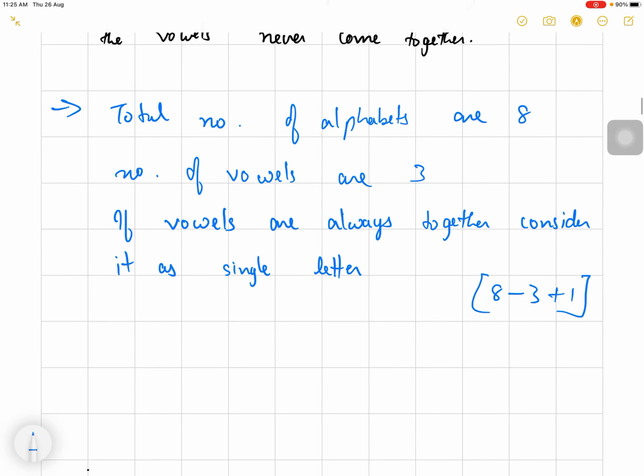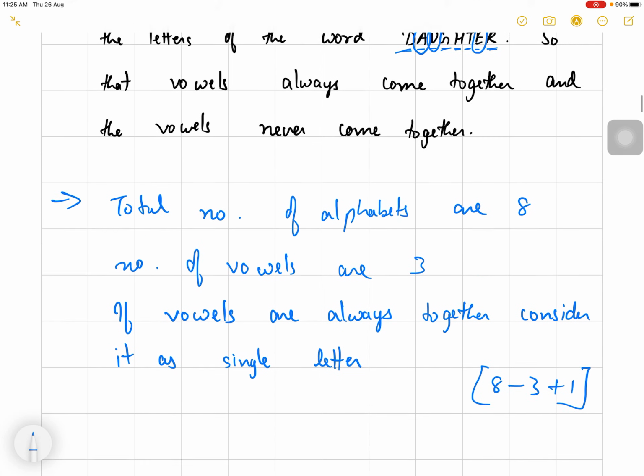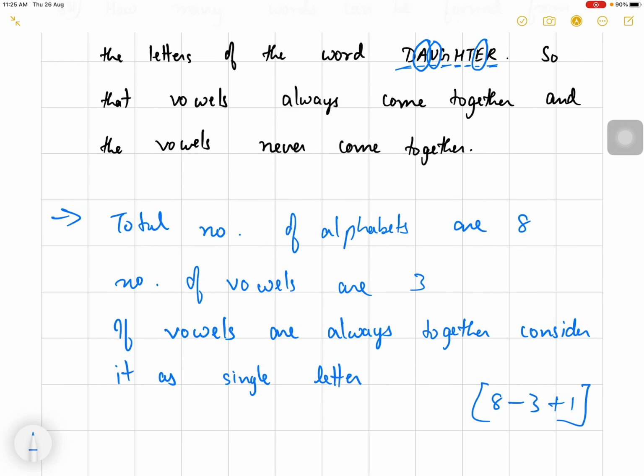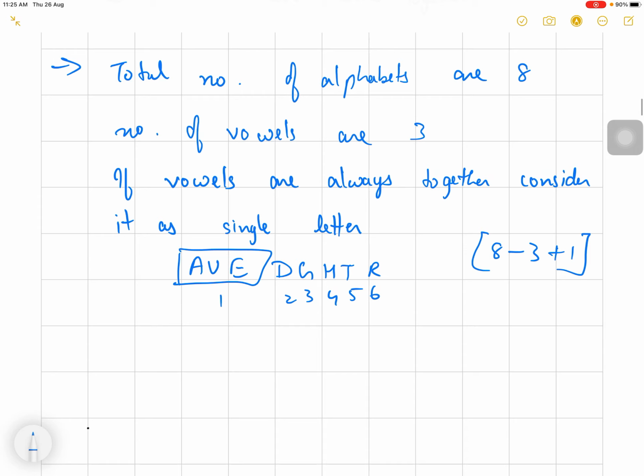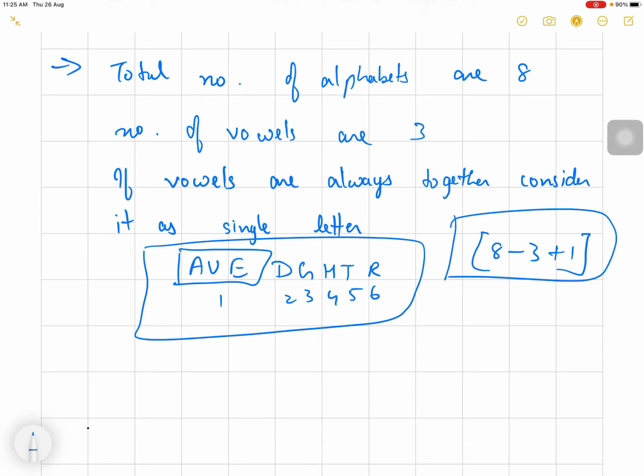Or you can write A, U, E as 1, and then the remaining letters, which are D, G, H, T, R. So 1, 2, 3, 4, 5, 6. There are 6 letters. Okay, this is the other way to consider.